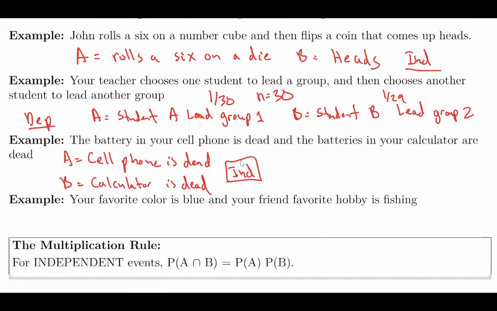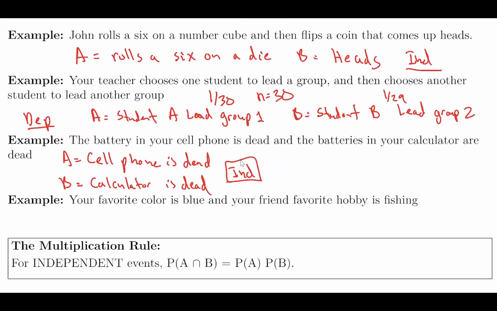All right, so let's do this next one. Say your favorite color is blue and your friend's favorite hobby is fishing. So we'll say favorite color is blue.